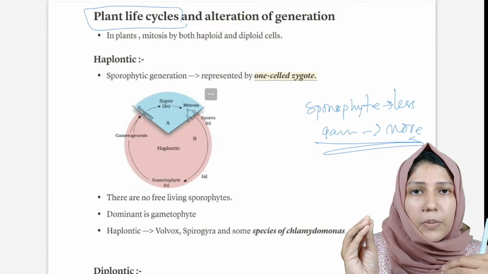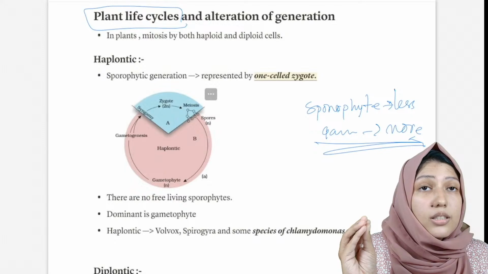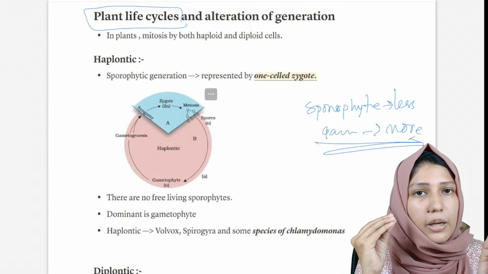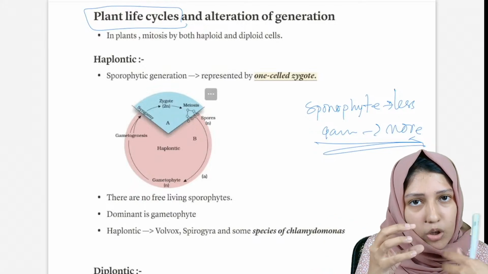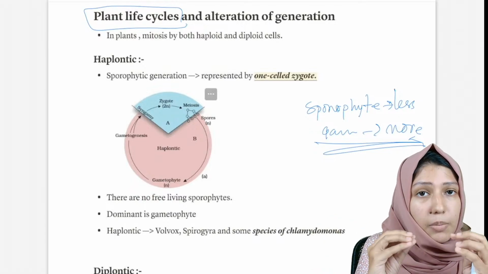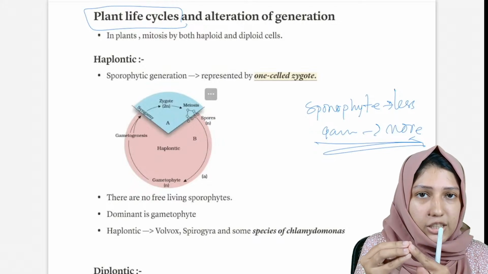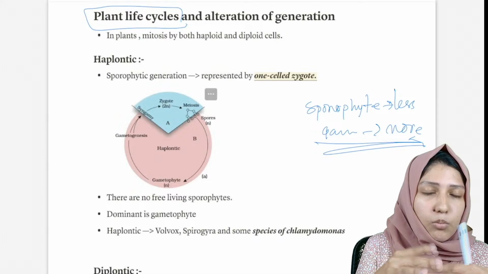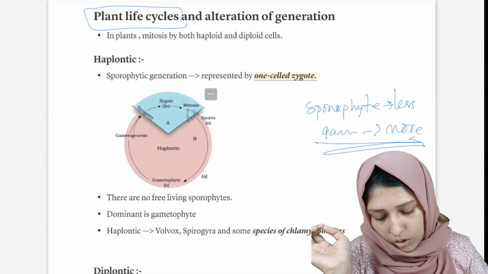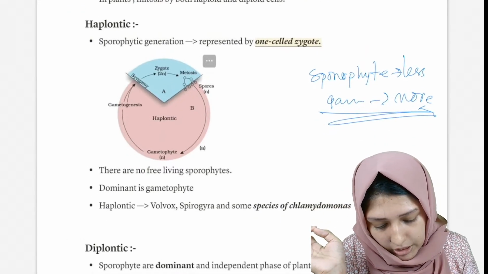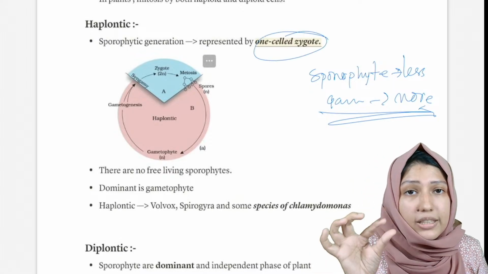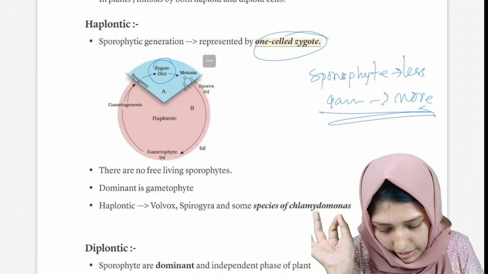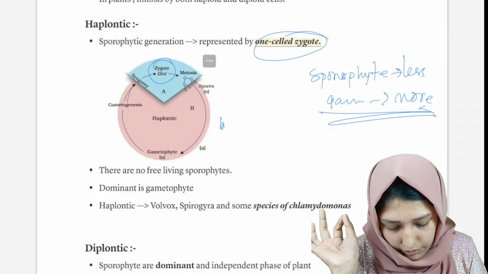But in haplodiplontic there are variations: in some organisms the gametophytic stage will be more dominant, and in others the sporophyte will be more dominant. Clear? Now the sporophytic generation is represented by only one cell, the zygote. Everything else is gametophyte. Clear?